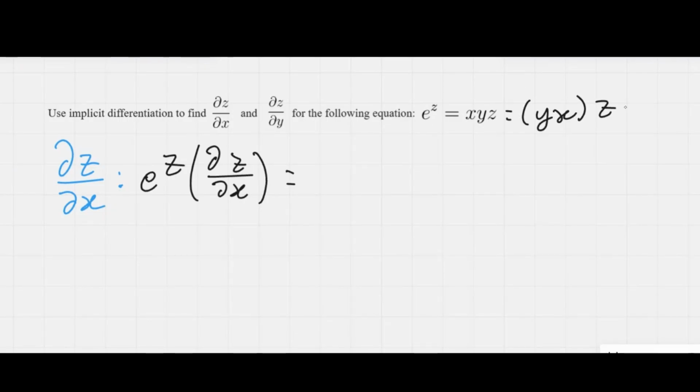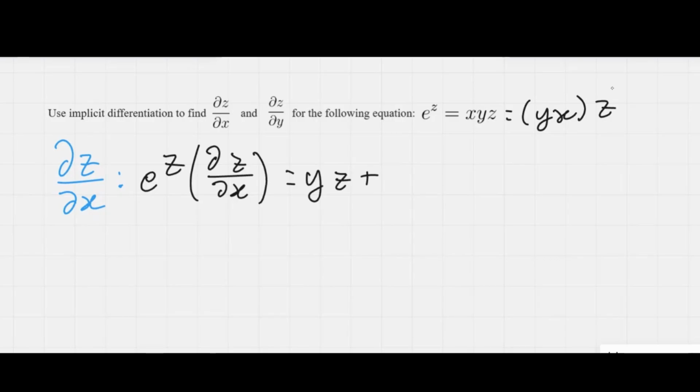Now let's use product rule. We'll first do x, like I said, and so the derivative of just yx, treating y as a constant, is just y. And so what this becomes is just yz. Now we're adding that to yx multiplied by the derivative of z.